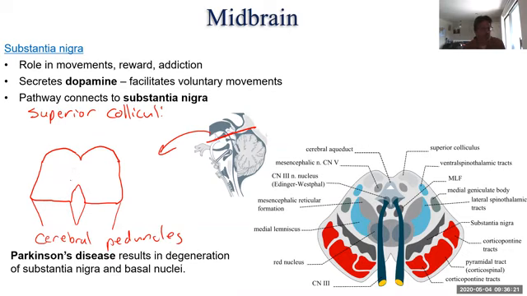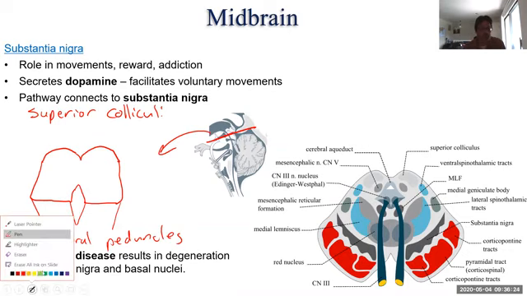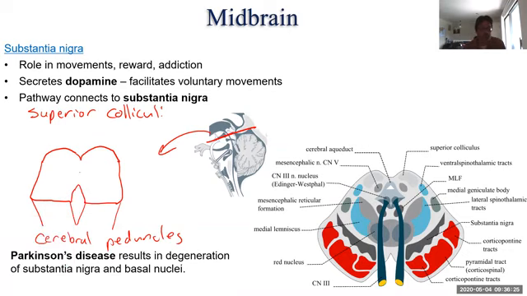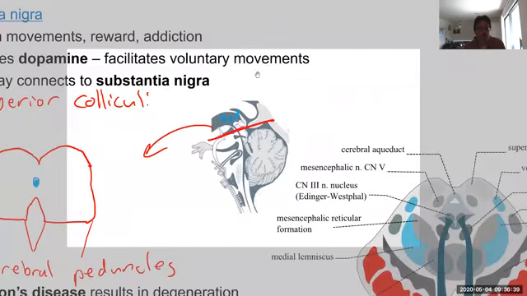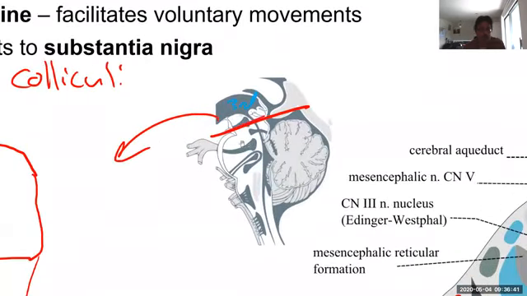Now it's worth noting in the middle of this, there's a fluid-filled cavity. We have this little channel. This channel going right through the middle is the cerebral aqueduct. I don't know if you guys can see this, but here's your third ventricle. Let me zoom in, that'll make it easier. And then down here is the fourth ventricle.